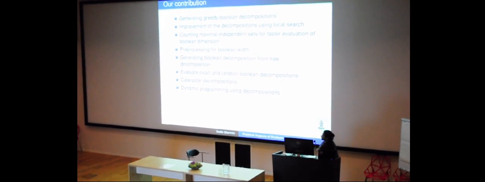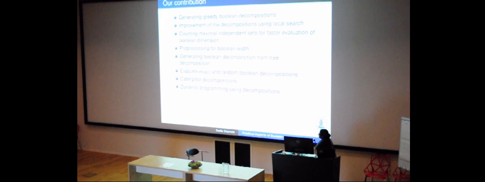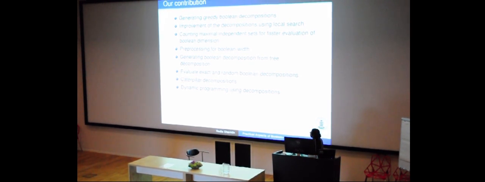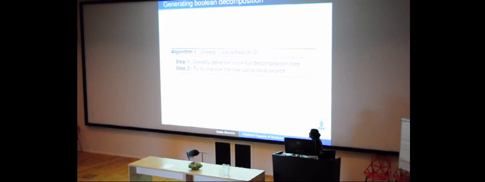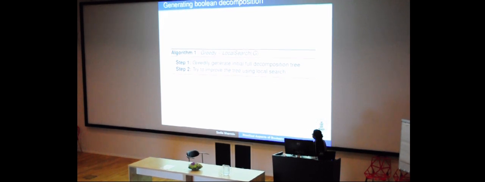So now I will highlight all the approaches and show you some experimental results. So generating greedy Boolean decomposition. This was our first approach, and it has two main stages. So greedily generate an initial decomposition tree, then try to improve the tree with local search.